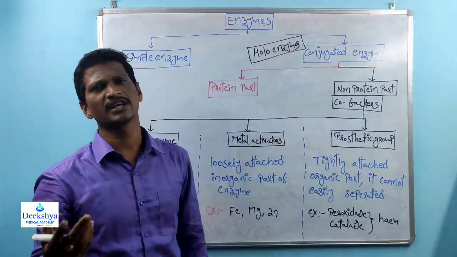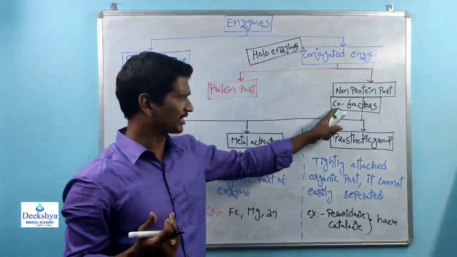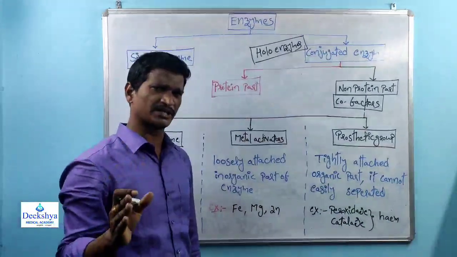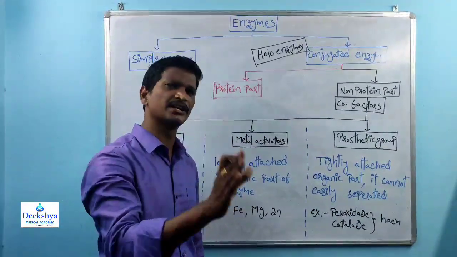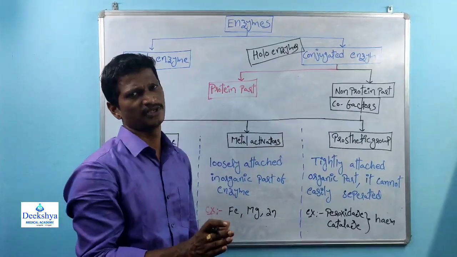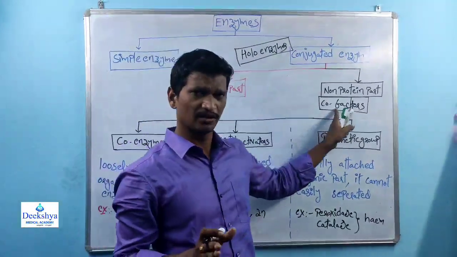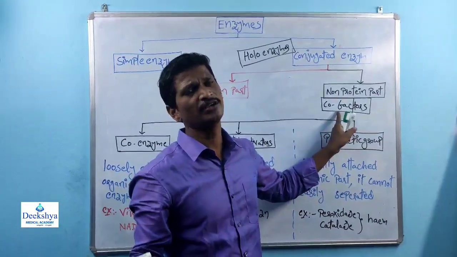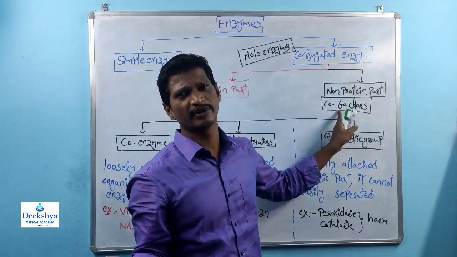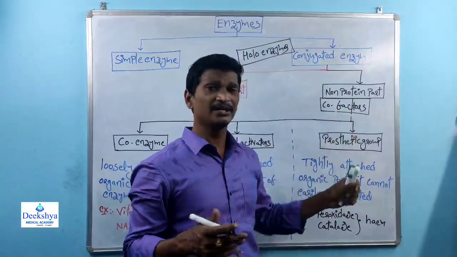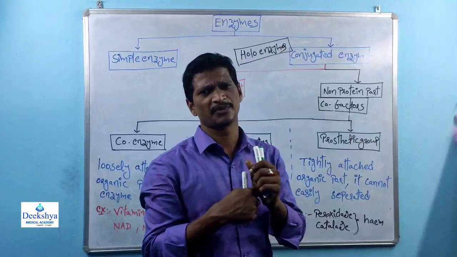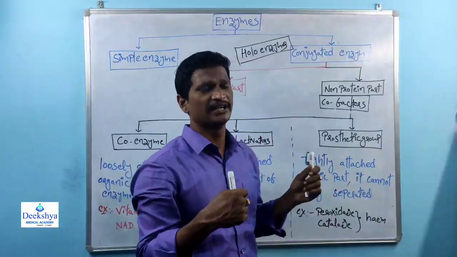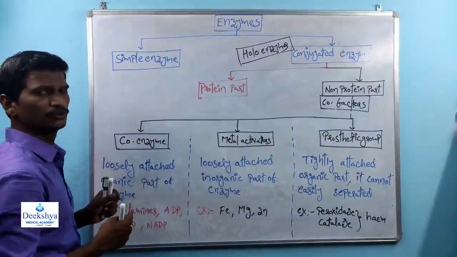Again, cofactors are classified into three groups. Remember, cofactors are always either organic molecules or inorganic molecules. But based on the association between enzyme and the cofactor, these are classified into three groups.